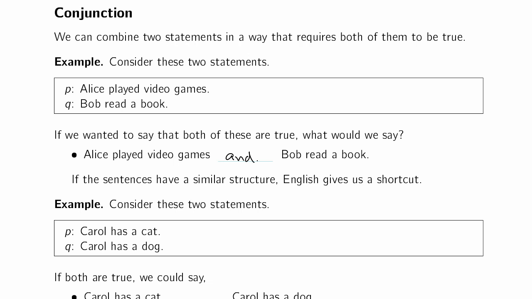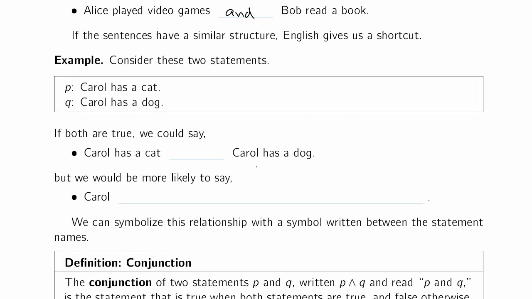Now, if we have statements with a similar structure, English lets us take a shortcut. If we have the statements, Carol has a cat and Carol has a dog, then if both of them are true, we could say Carol has a cat and Carol has a dog. But we would be more likely to say Carol has a cat and a dog.